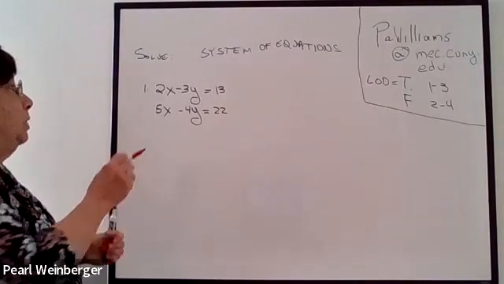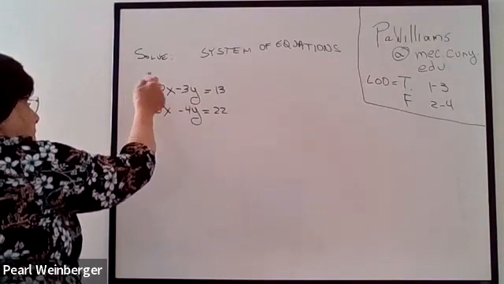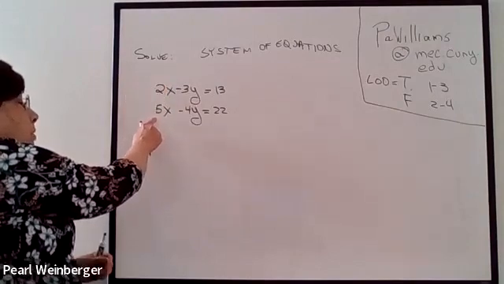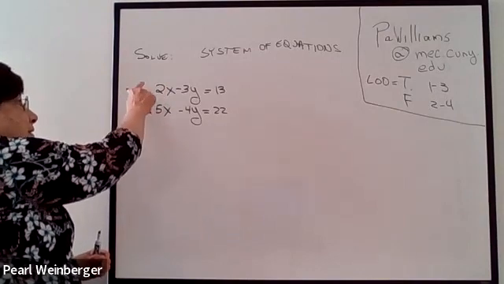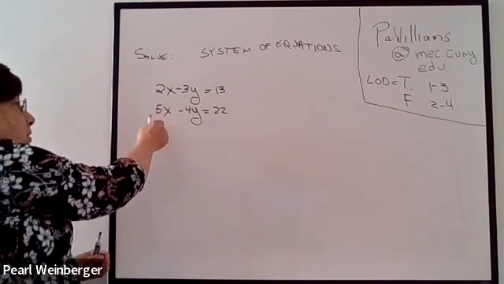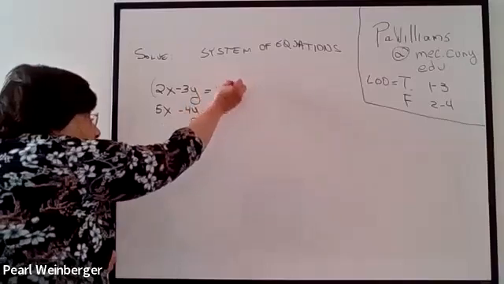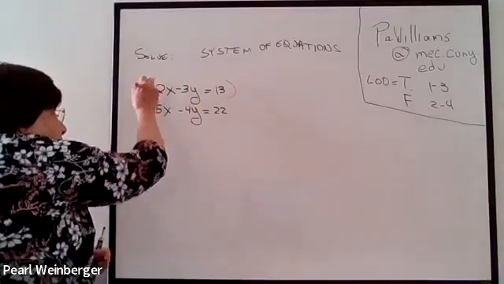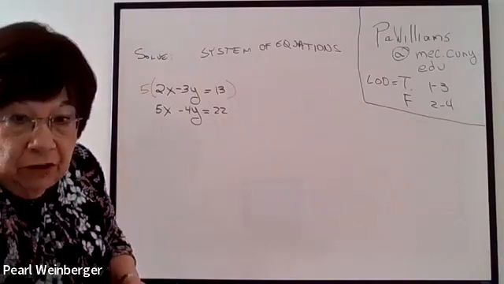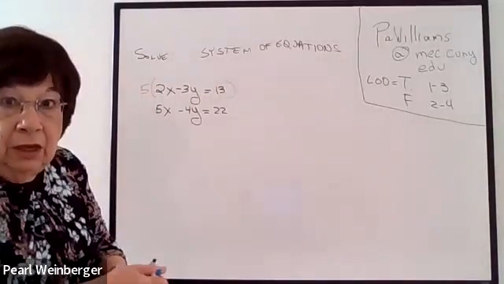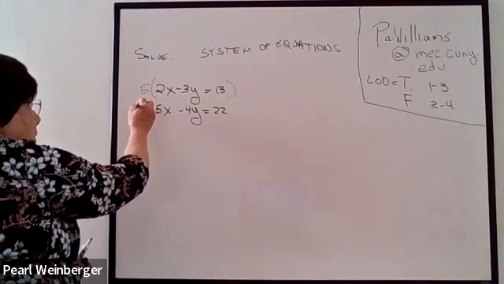If we decide that we want to get rid of the x, then what we're going to do is multiply each equation by its opposite coefficient. In other words, I'm going to multiply this equation by 5, because that's the coefficient in front of the x in that equation. And the second equation, I'm going to multiply by 2.